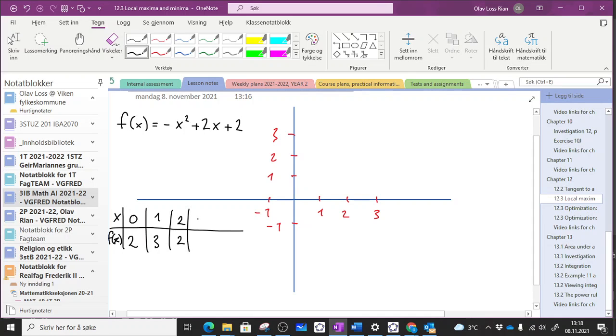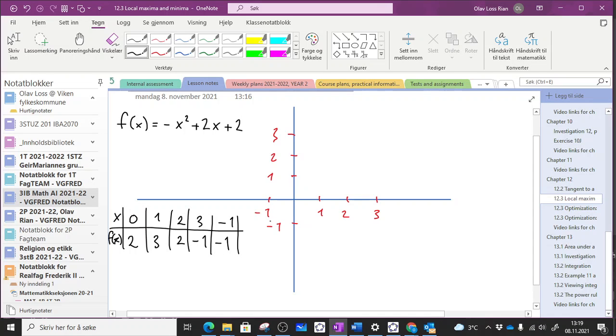If x is 3, -9 plus 6 plus 2, that's -1. And if x is -1, we're going to have -1 minus 2 plus 2, so that's going to be -1 as well.